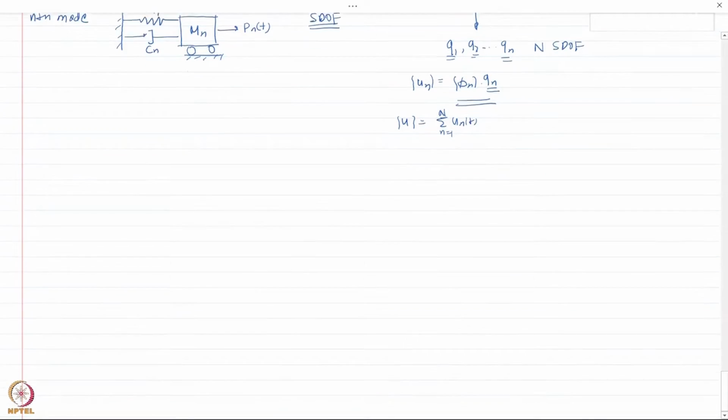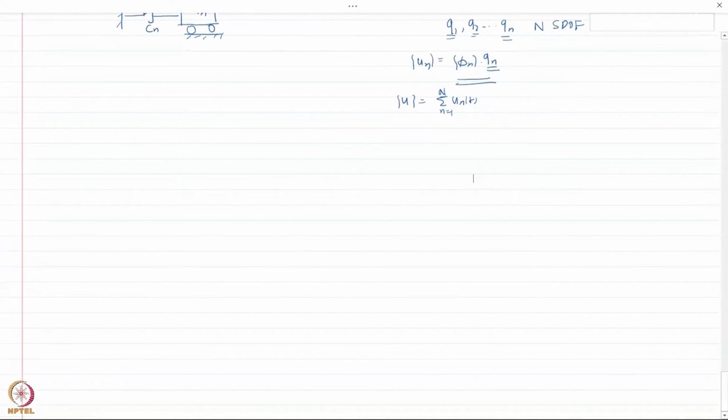So let us take the example that we have been doing so far. What we have here is the same two-story shear frame building, which I'm now representing as this lollipop model. So this is K, this is 2K, this is U1 and U2 here.